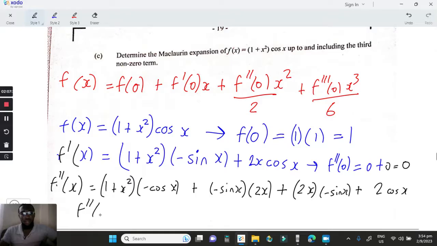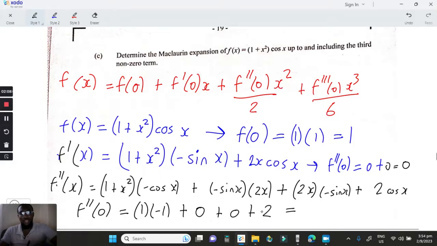So that means f double prime of 0 is, cos of 0 is 1, and so 1 plus 0 times, so this is 1 times cos of 0, that's 1, so negative 1, plus this right here, sine of 0 is 0, 2 times 0 is 0, and then this is now 2 times cos of 0 is 1, so we get 2.